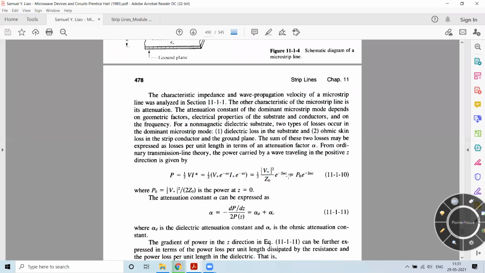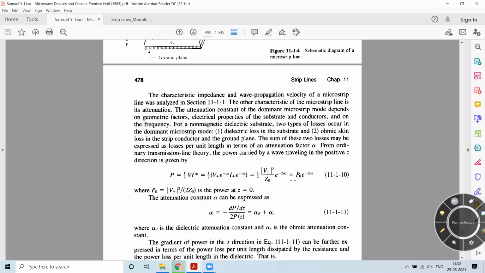So we can simplify this power representation as half into the magnitude of V plus, the incident voltage, squared, divided by Z naught, into e raised to minus 2 times alpha z. We consider the magnitude here since the parameters of the exponential have been separated.